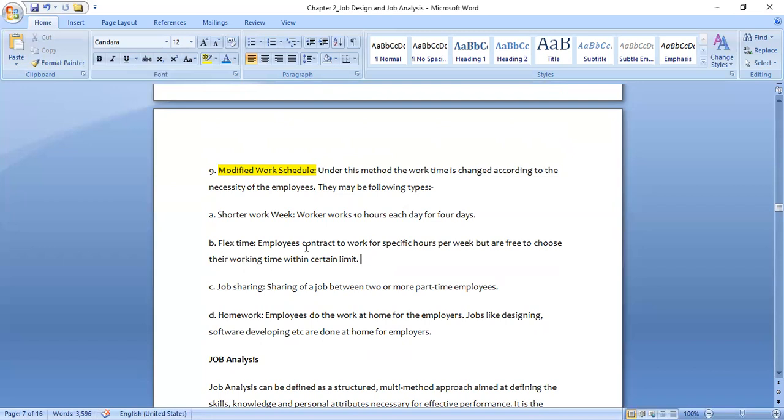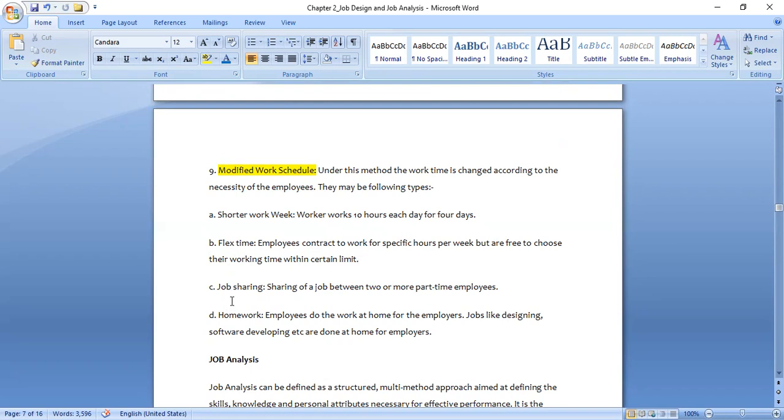Not setting the schedule for them, but allowing them to, and this can be done in the following ways. You can give them a shorter work week, where they can work more hours for few days in a week, for example, 10 hours for 4 days in a week. Then you can give them flexible time whereby they are able to choose on which days to work.